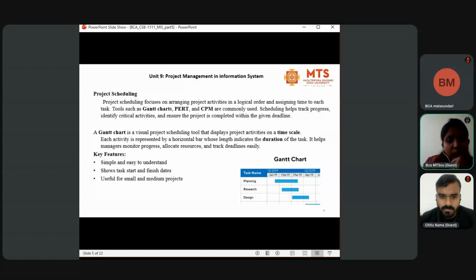These are the tasks. So tools such as Gantt chart, PERT, CPM are commonly used. These are the three parts of project scheduling. Basically, scheduling helps track progress, identify critical activities, and ensure the project is completed within the given deadline.